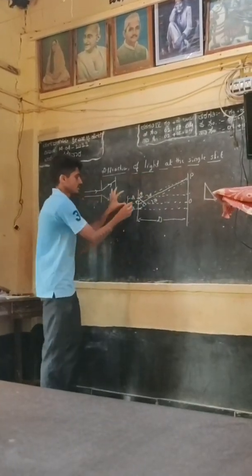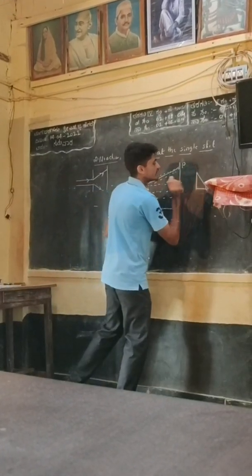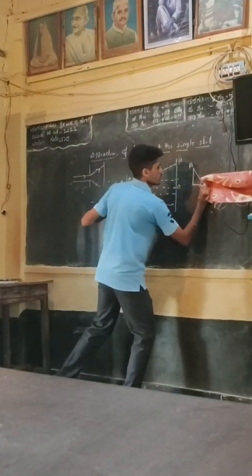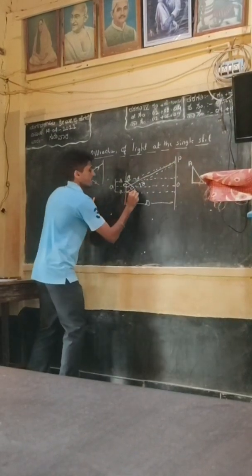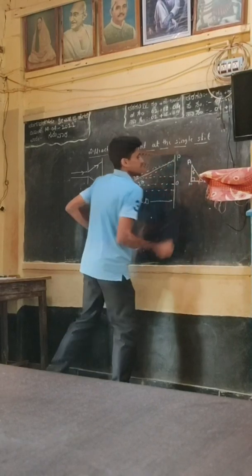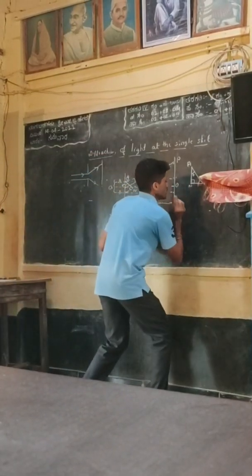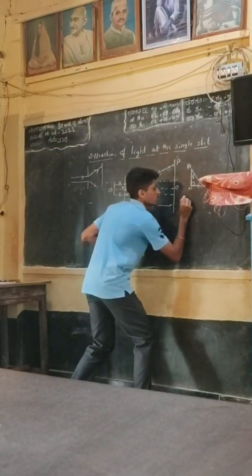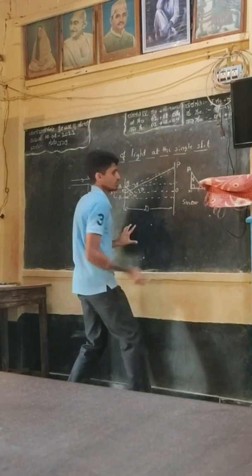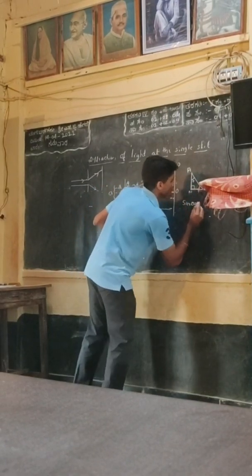So please consider this triangle as the enlarged version of A, B and N. For this angle theta, sine of theta is equal to opposite side divided by hypotenuse.